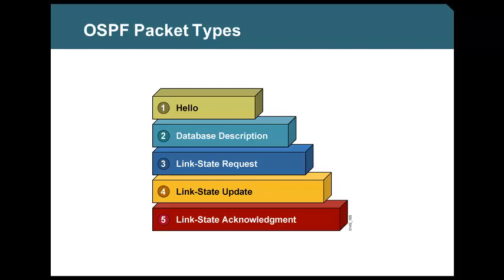You can use debug command to see DBD, LSR, LSU, LSAC, hello. But to see inside that DBD, you need Wireshark. In debug, you will see only the type 3, LSR. But what is going inside LSR, you cannot see in debug. You can only see in some tools like Wireshark.